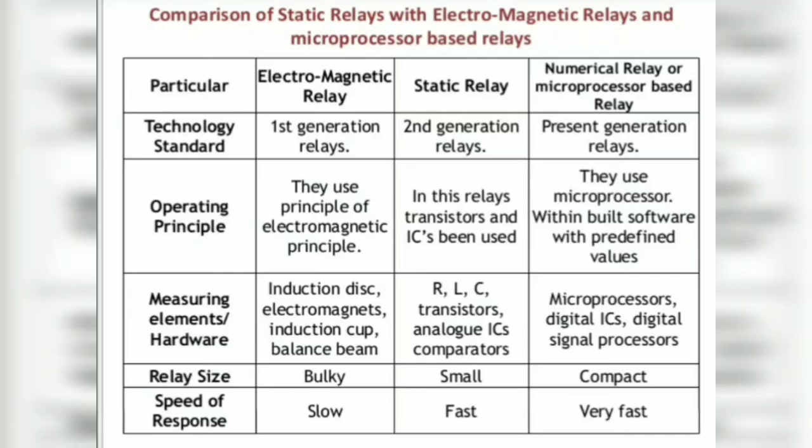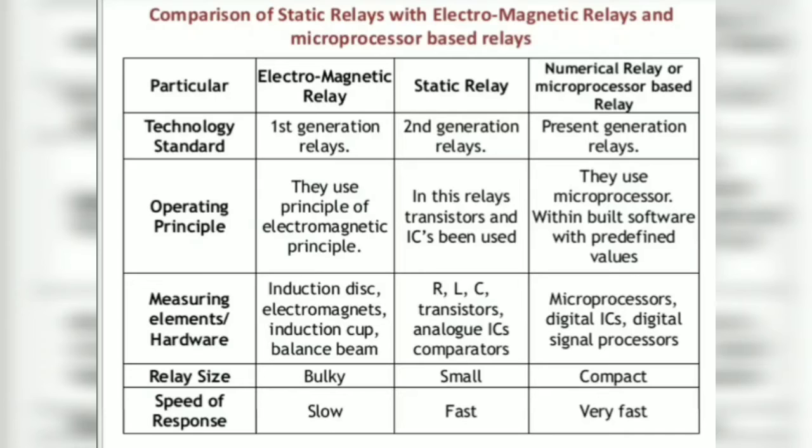Measuring elements or hardware. In electromagnetic relay, induction disk, electromagnets, induction cup, balance beam are the hardware elements of measuring. In static relay, the measuring components are resistor, inductor, capacitor, transistor, analog ICs, comparator, like that.